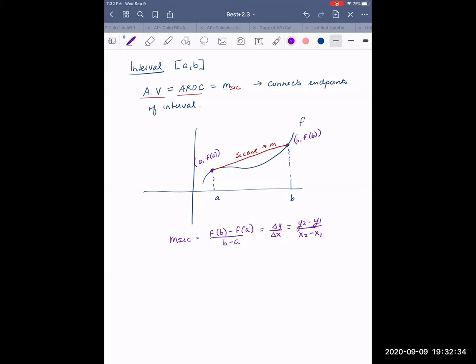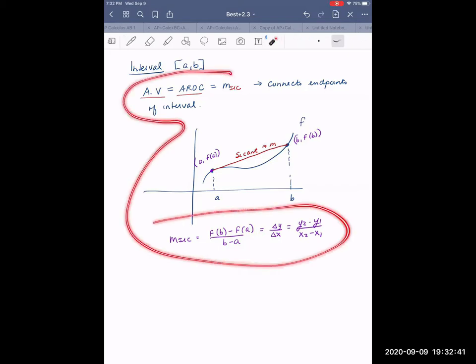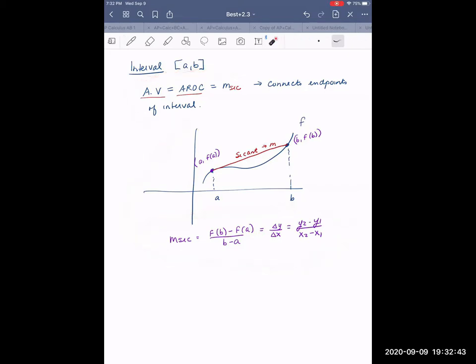Now remember that we also said that all of this stuff, all of these formulas, are all equivalent.